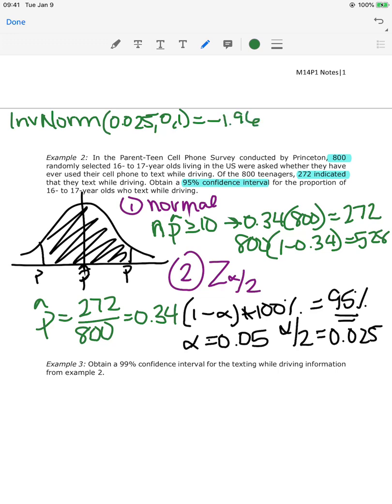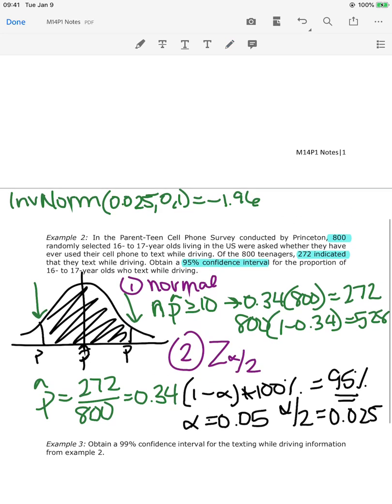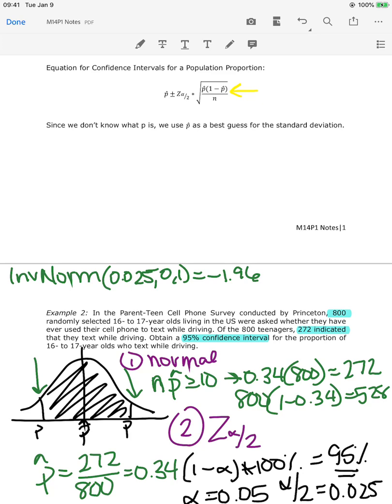This negative 1.96, and that is rounded correctly, is the z-score that I'm going to use to find this possible value for p. This possible value for p will have a z-score of positive 1.96 because the bell curve is symmetric. So I'm going to ignore the negative because the negative comes in when we subtract in this equation up above.